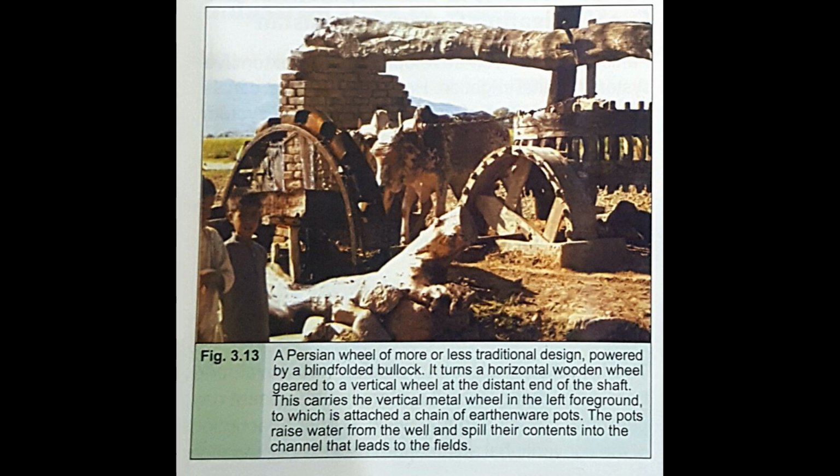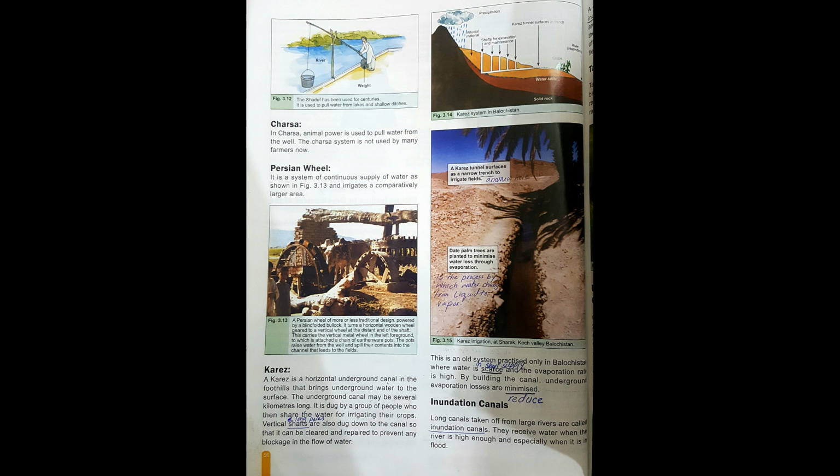Understand, students? There is another irrigation method, and that is Karez. A karez is a horizontal underground canal in the foothills that brings underground water to the surface. The underground canal may be several kilometers long.